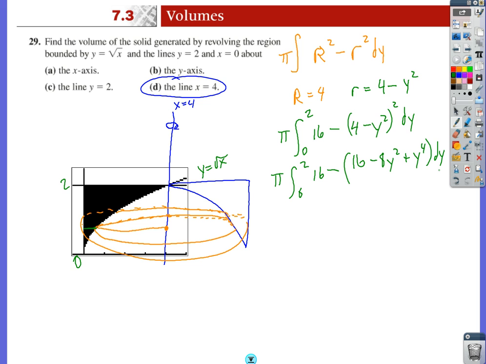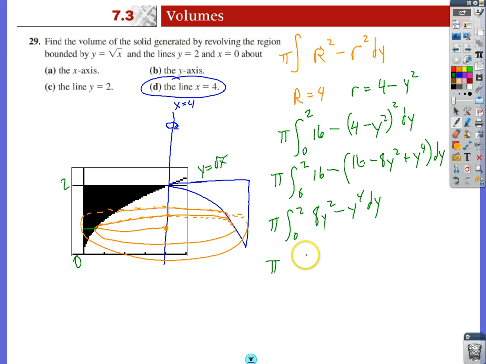Some things nicely cancel out for me. I have pi times the integral from 0 to 2. The 16 goes away, but I'll have a positive 8y squared and a negative y to the 4th, dy. And now I do my antiderivative.